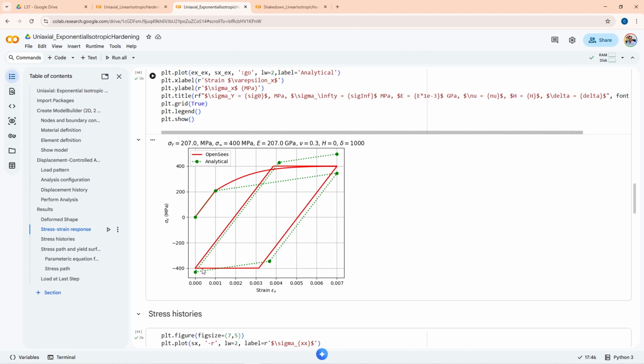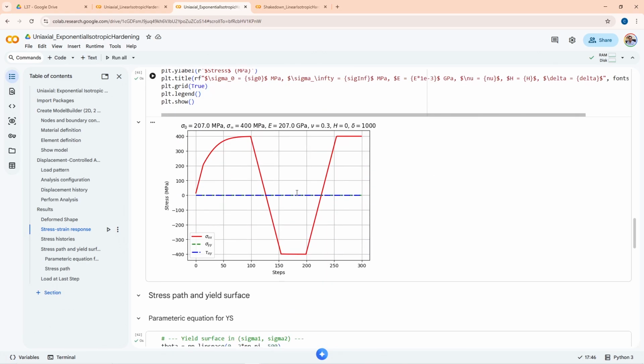So, you do not see any hardening here, because you have already reached the maximum yield surface, the ultimate surface. So, this response is EPP, elastic perfectly plastic. After this point, whatever cycle you do, the response is going to be elastic perfectly plastic, because you have reached the outermost yield surface.